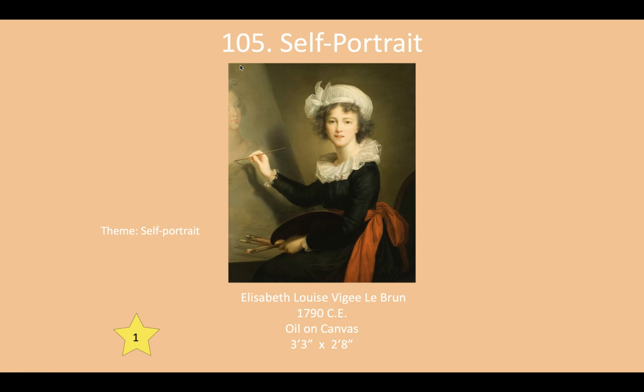And why this is important is that in late 1789, early 1790, she fled France because she was the court painter to the aristocracy, and bad things were happening. And so she flees France to save herself.